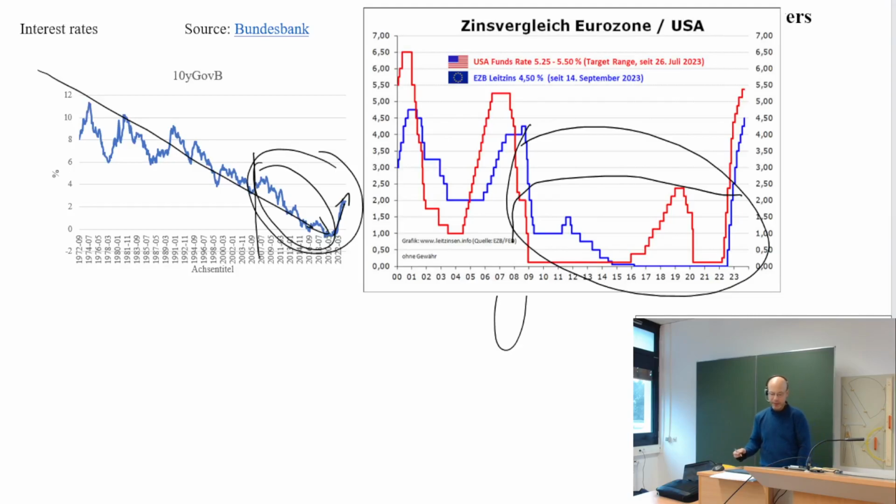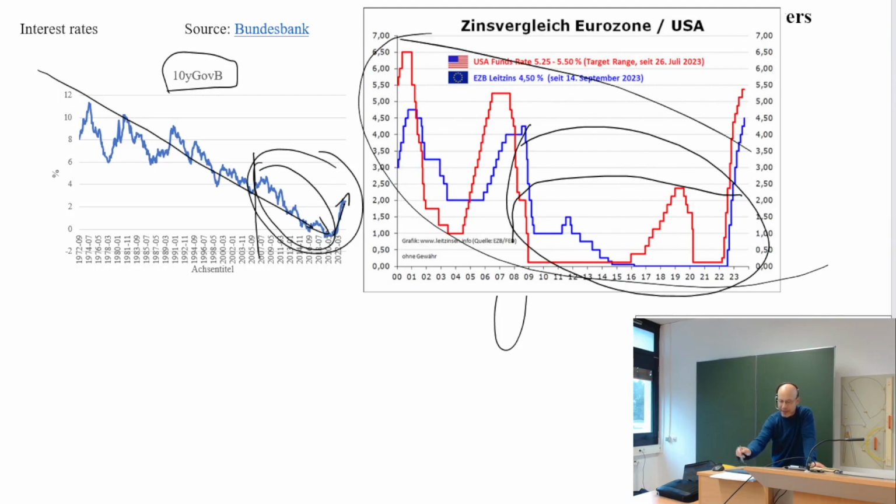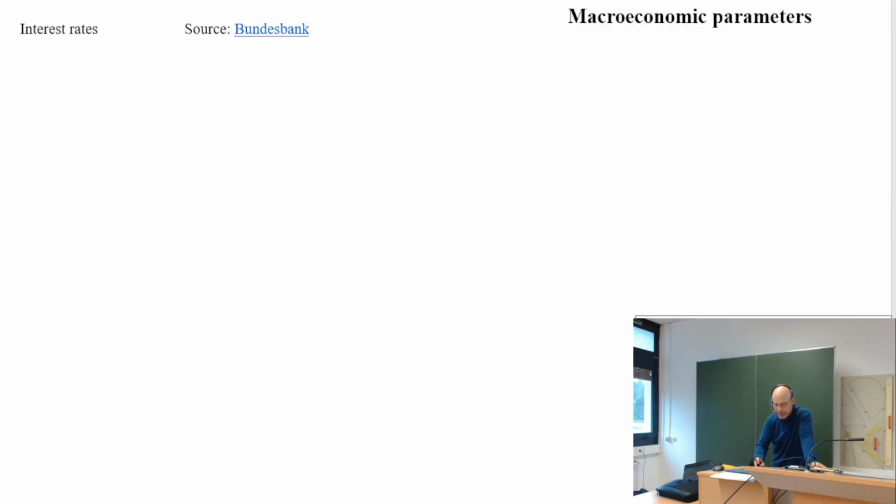If we talk about the general interest rate in some country, then in general we mean the interest rate of the 10-year government bond as a benchmark, and of course also the key interest rates of the central banks in a country are interesting. And this was interest rates. We can skip this. We had this already.